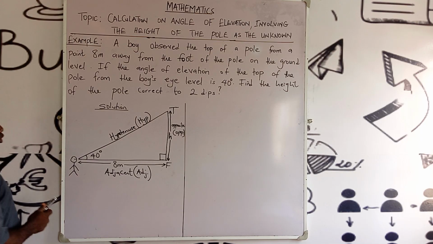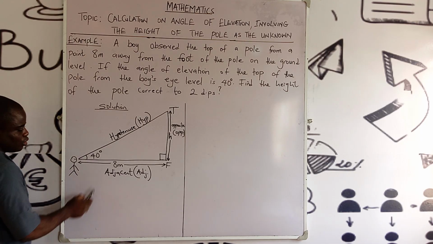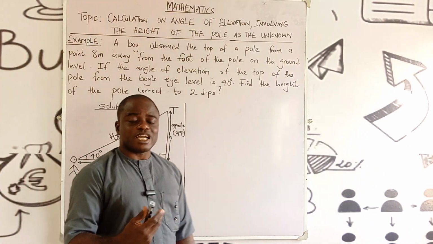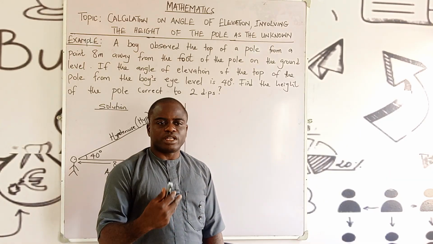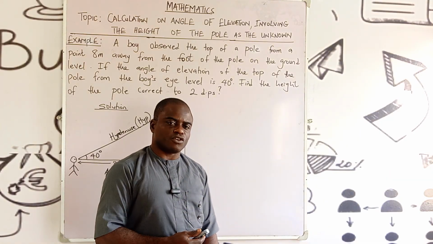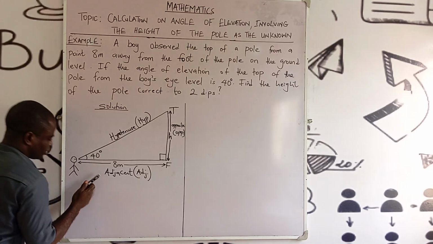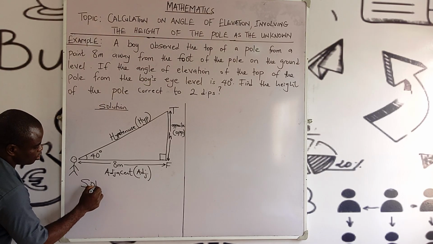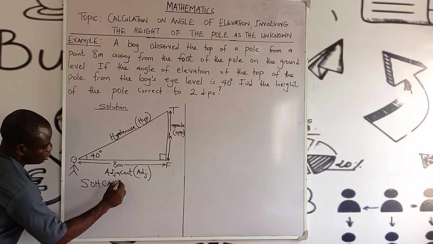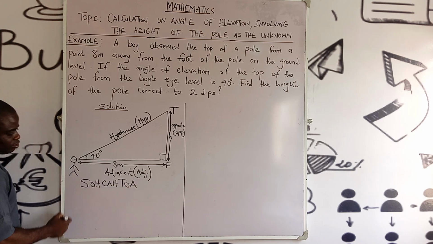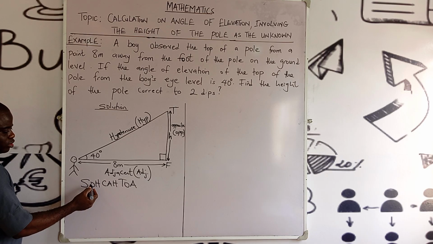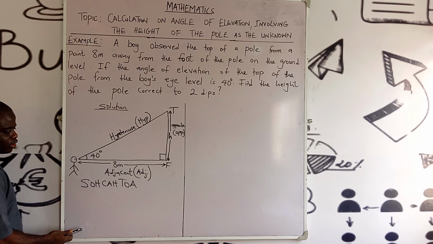At this point, you have to know the mnemonics that you have to use to get the trigonometry functions. Usually you see S, that's sine. Sine theta equals opposite over hypotenuse.